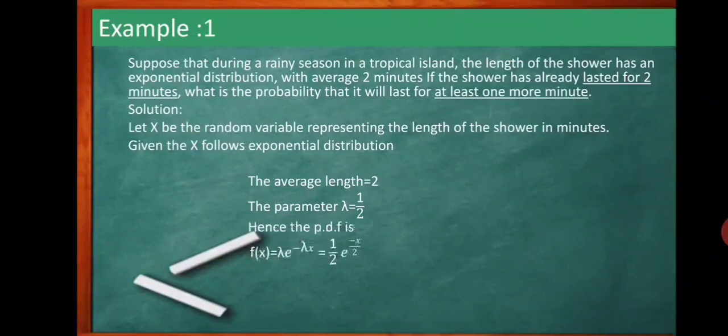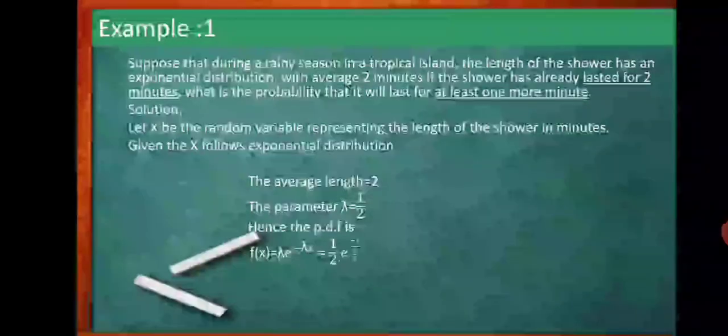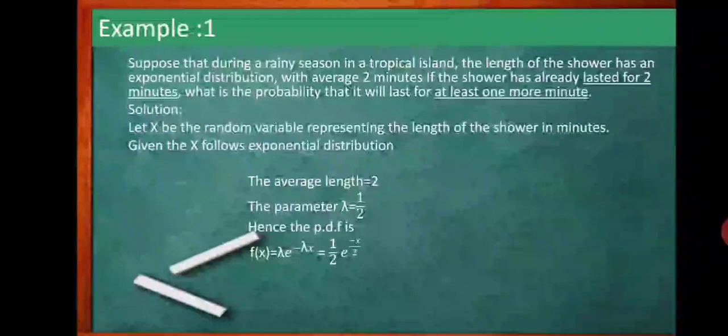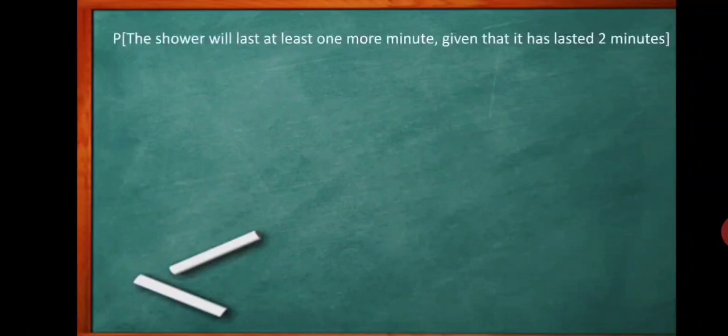F of x equal to lambda into e power minus lambda x is the exponential distribution value, which is equal to, in the place of lambda you substitute 1 by 2, we get 1 by 2 e power minus x by 2. Actually, what we have to find is the probability that the shower will last at least 1 more minute, given that it has lasted 2 minutes.